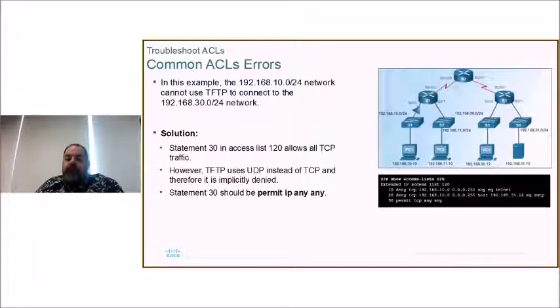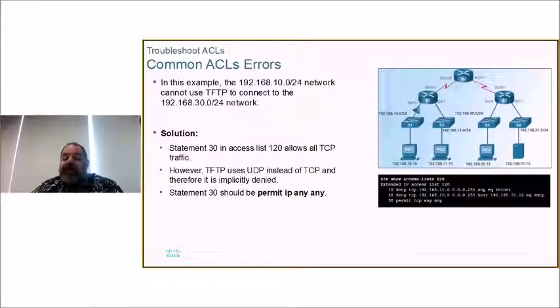Now, the problem with that is TCP traffic, that's all sorted. But that's only one facet of traffic. We haven't permitted IP, and so any UDP traffic will be blocked. And apparently they want to get TFTP through.